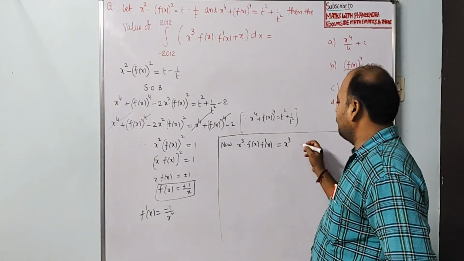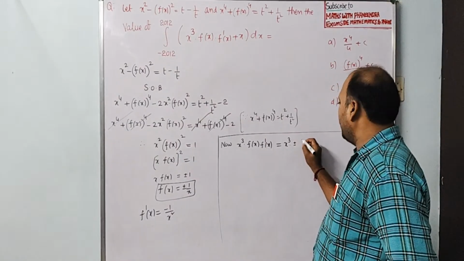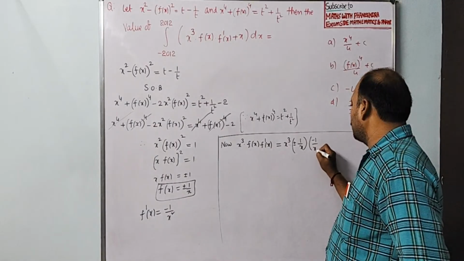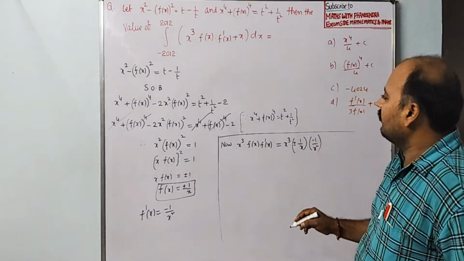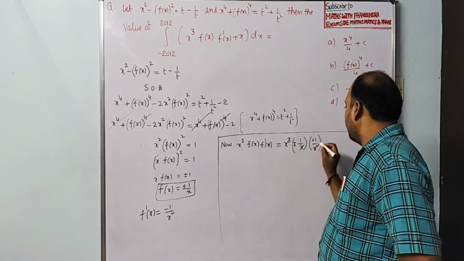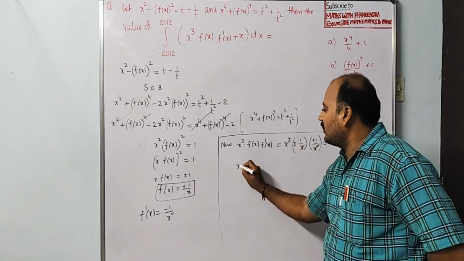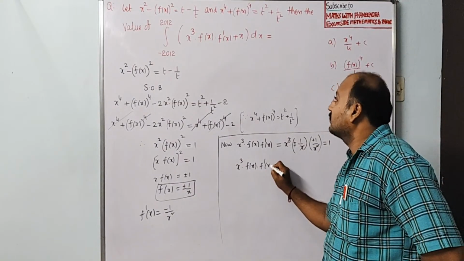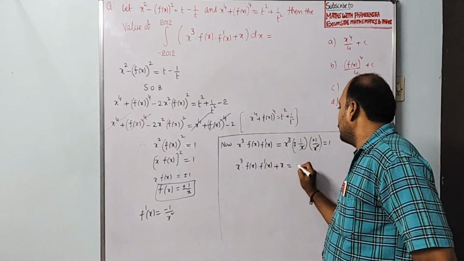Here plus or minus, there plus or minus, nothing will happen. Plus or minus 1 by x into f dash of x is minus 1 by x square. Here minus gets cancelled. Total x cube gets cancelled. It is 1. But x cube into f of x into f dash of x plus x equal to 1 plus x.